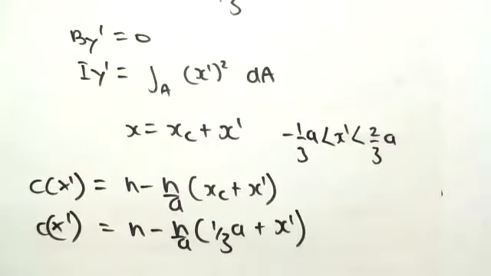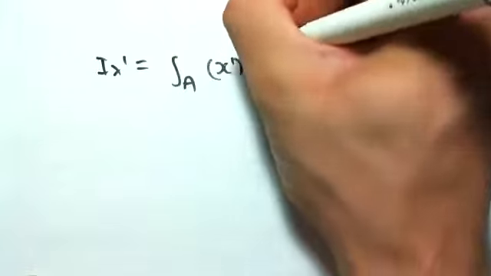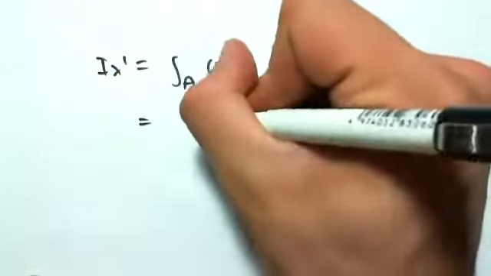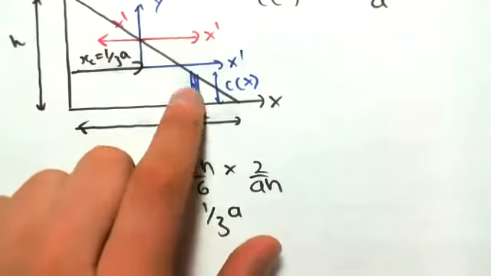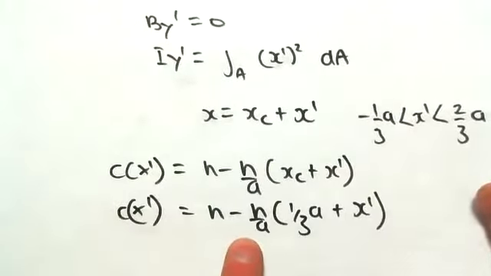So if we now wanted to find I_y dash, that's the integral over A of x dash squared dA, which is equal to x dash squared. dA is the area of this little strip, so it's c of x dash, which is what we found here.